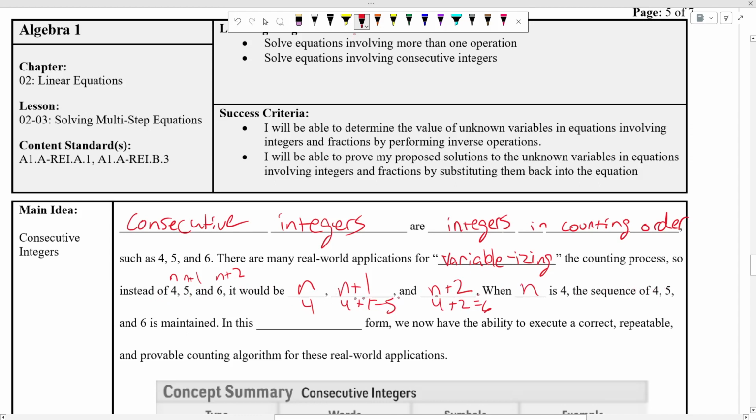When n equals 4, the sequence is maintained. In this variabilized form, we have the ability to execute correct, repeatable, provable counting algorithms for all sorts of real-world applications.